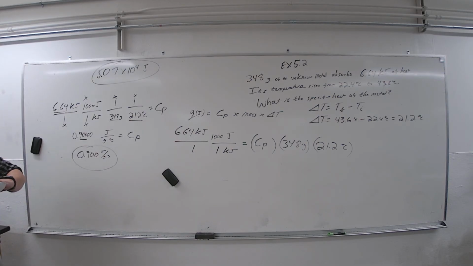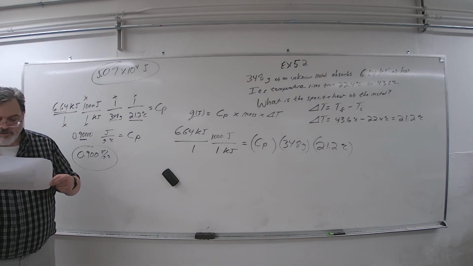I wonder if we can figure out what metal it is. I'm looking for something that's close to 0.9 on here as a metal. I don't see a metal on there that's that, but maybe they didn't mean for it to be so specific.